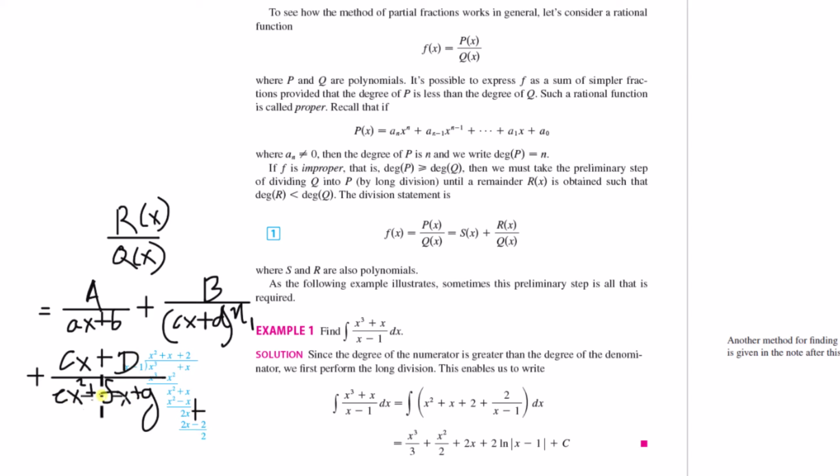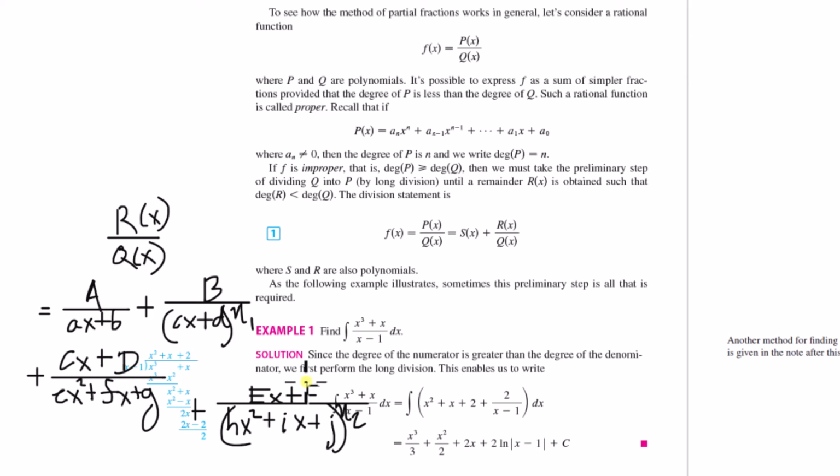Or you would have a quadratic factor that's raised to some integer power. So that would be hx squared plus ix plus j to the n2 power, over ex plus f. Okay, this is it.